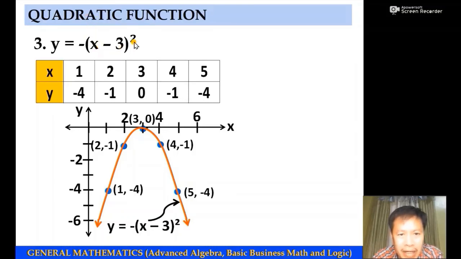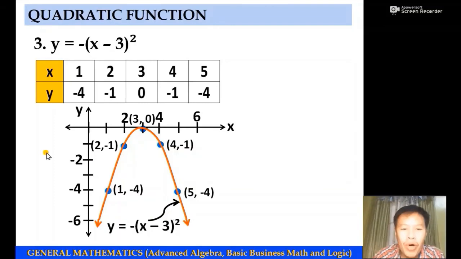The result here is positive 4, then multiply it by negative 1, and this is negative 4. 4 minus 3 is 1. 1 raised to 2 is 1. 1 times negative 1 is negative 1. If our x is 5, 5 minus 3 is 2. 2 raised to 2 is 4. 4 times negative 1 is negative 4.